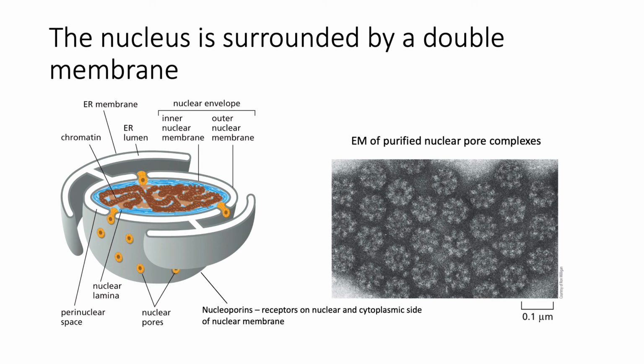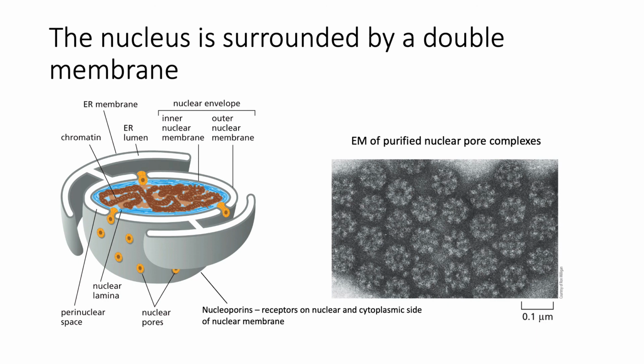They have a very specific shape and structure, and you can see that in the EM picture on the right-hand side. These are purified nuclear pore complexes, and we're looking down on them. You can see the pore in the center, and then all these structures circling it. So each one of these is an individual nuclear pore complex.